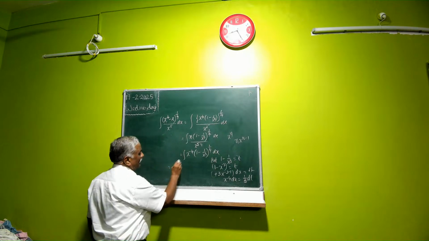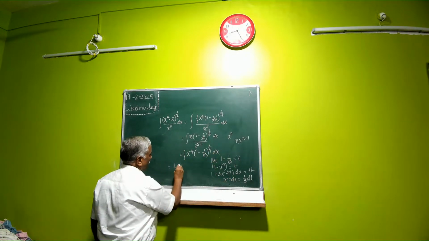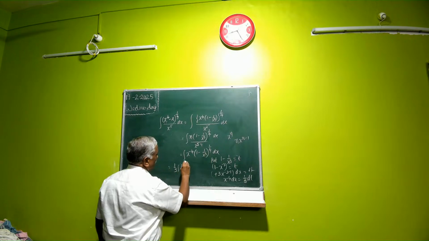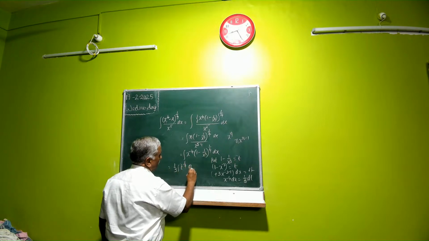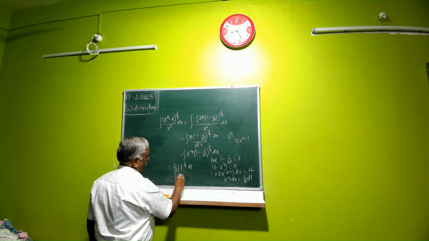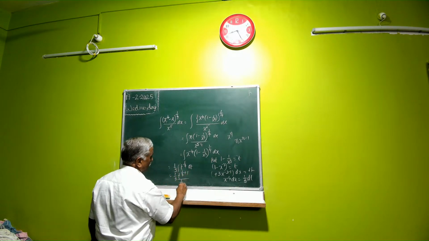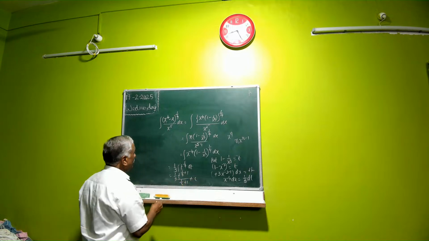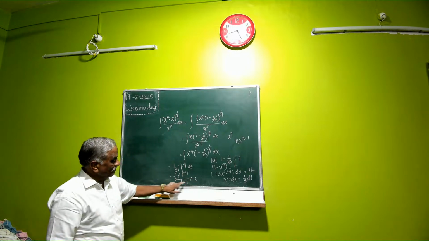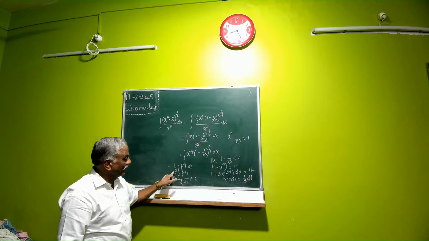So what will happen? X to the power of minus 4 dx is 1 by 3. This is t to the power of 1 by 4 dt. That is 1 by 3 t to the power of 1 by 4 plus 1, over 1 by 4 plus 1, plus c. If you simplify this, you get 5 by 4, 4 will go to the numerator.